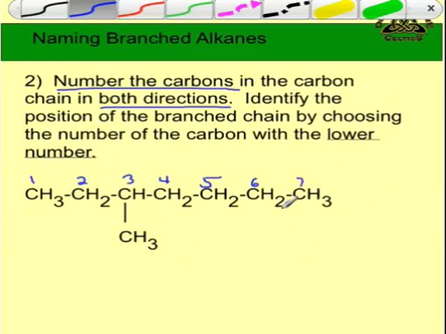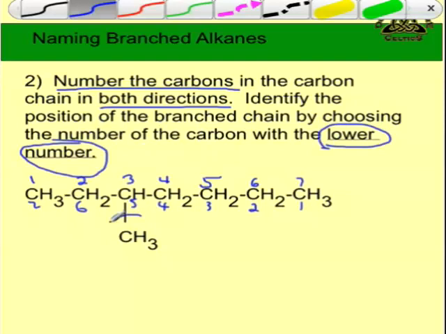If we numbered it the other way, this would be 1, this would be 2, this would be 3, 4, 5, 6, 7. Our rule says we should identify the position of the branched chain by choosing the carbon with the lower number.